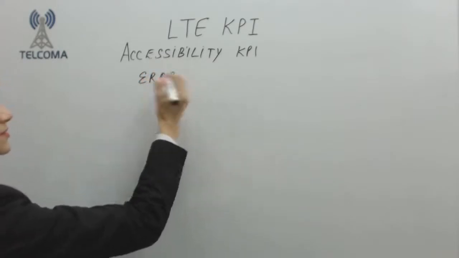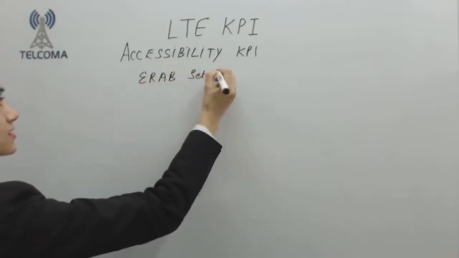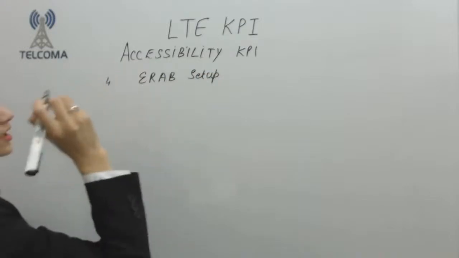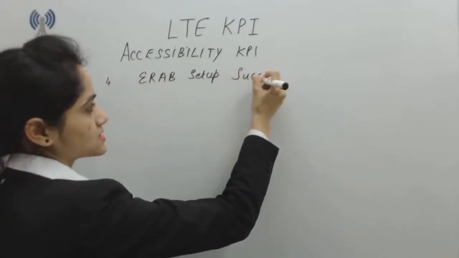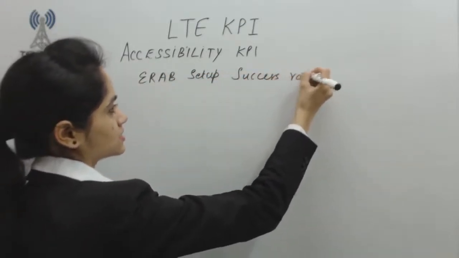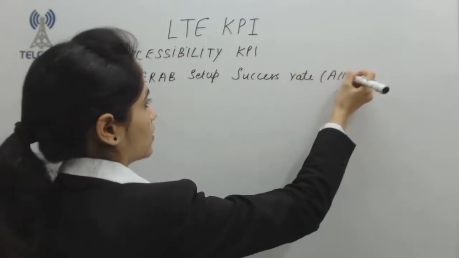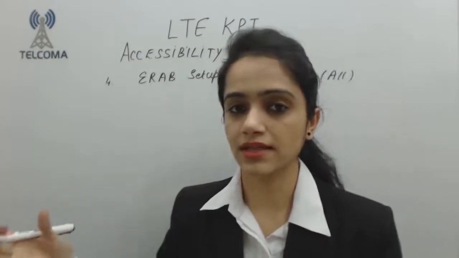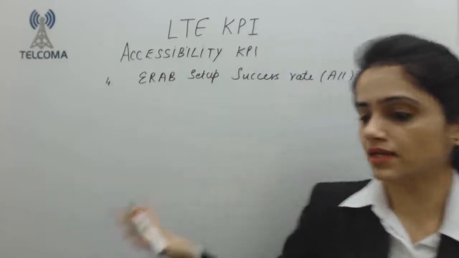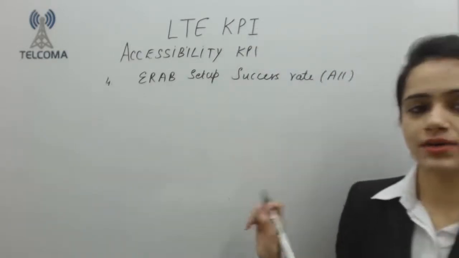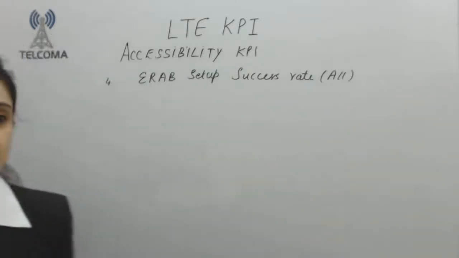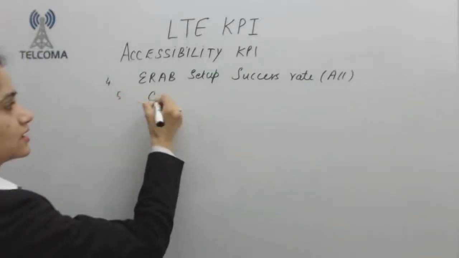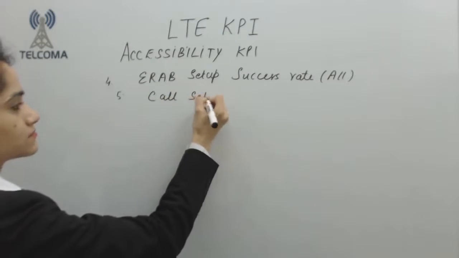So E-RAB setup, this being the fourth category, is the E-RAB setup success rate for all types of services. Here also we have to measure the total number of requests and the attempt messages, and then in percentage form. Next we have call setup success rate.